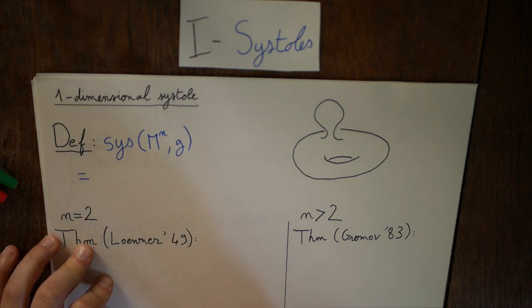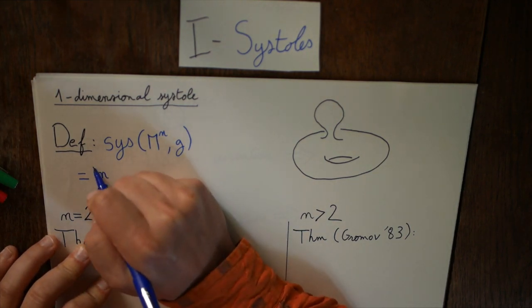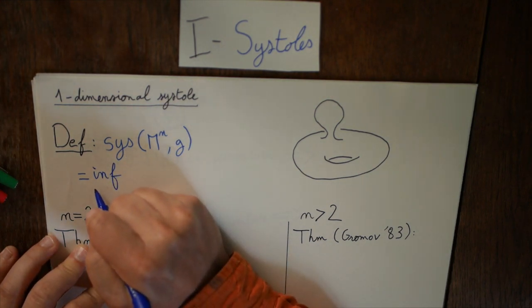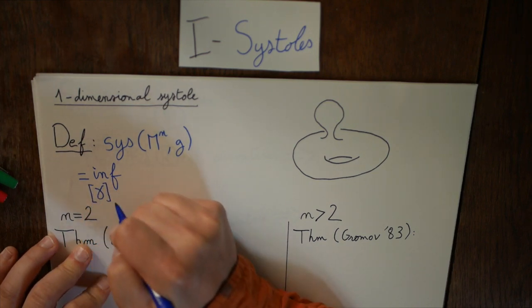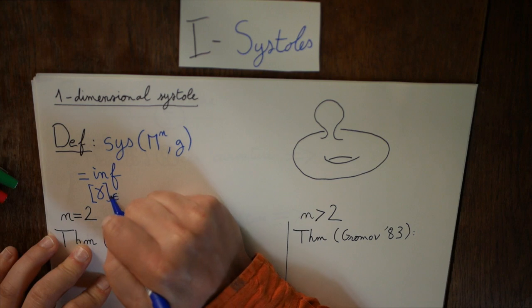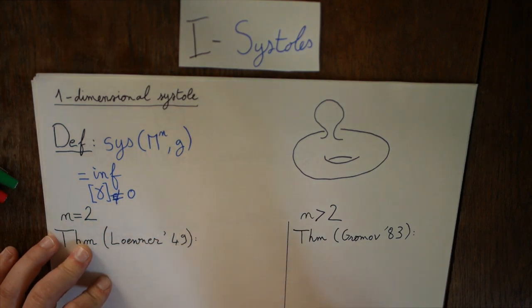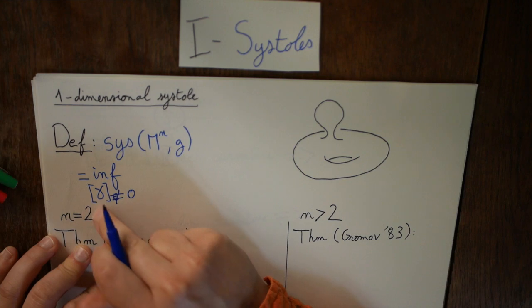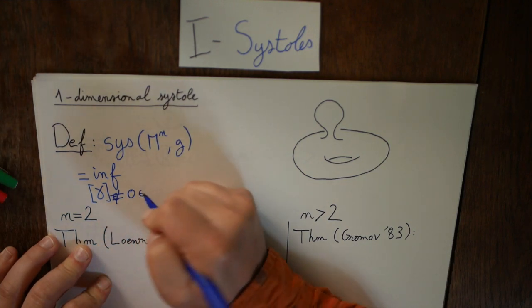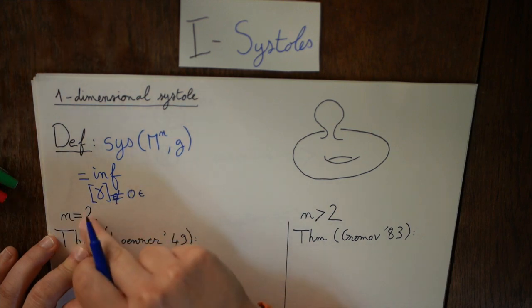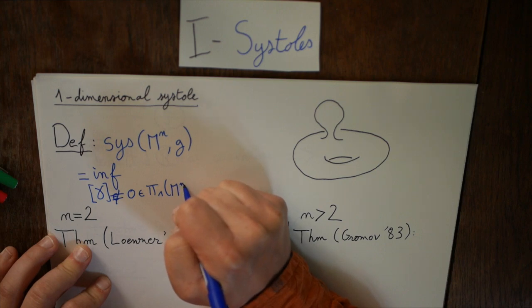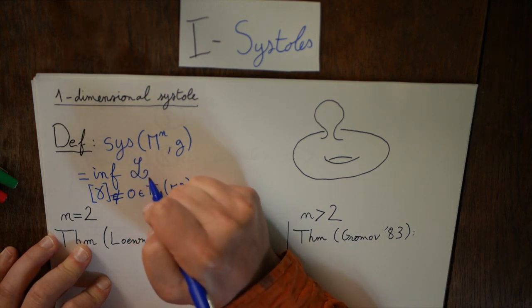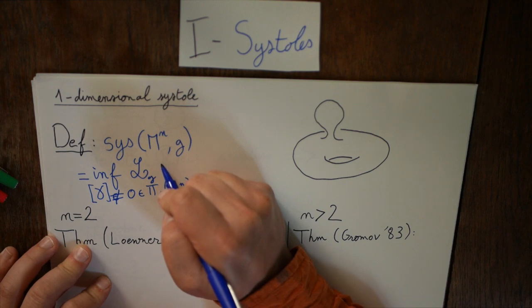This is the infimum over all non-contractible loops gamma in my manifold M. By this I mean this is not 0 as an element of the pi1 of M, of the length with respect to the Riemannian metric g of gamma.